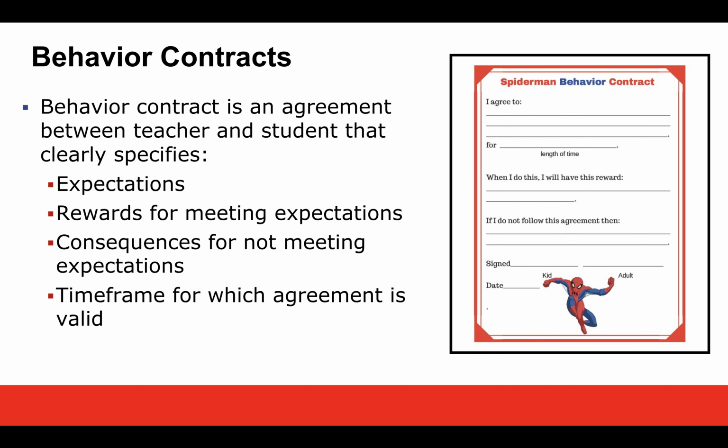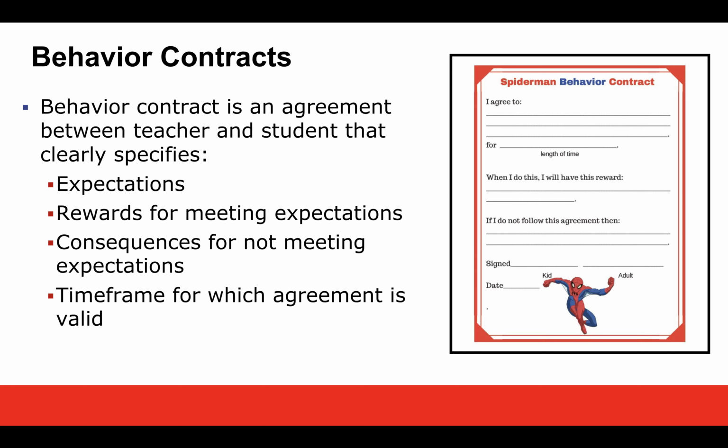A good strategy, especially for students in middle grades, is to come up with a behavior contract. When you have students who have really been struggling, but you see that there's lots of potential for them to make strides, then you develop a behavior contract, which is essentially an agreement between you and the student that explains what your expectations for them are, what they are rewarded with for meeting those expectations, and then you identify the consequences for not meeting those expectations and the time frame for which the agreement is valid.